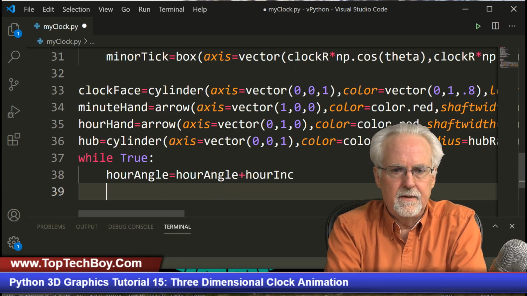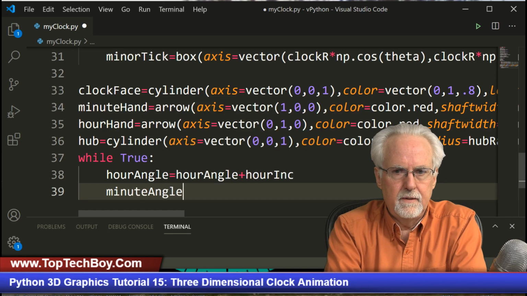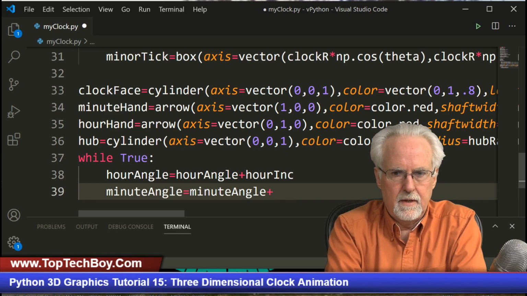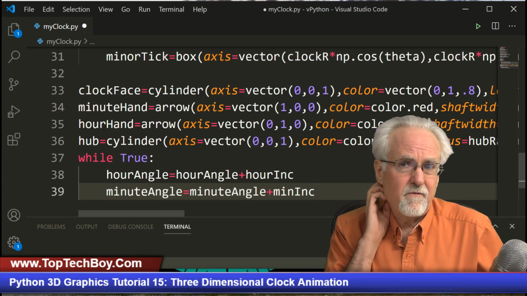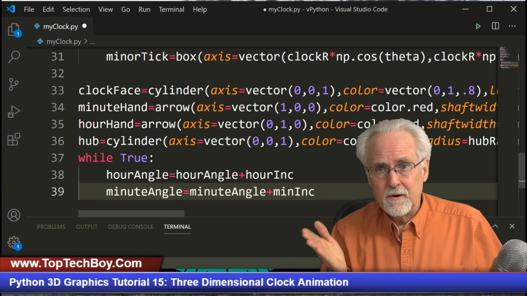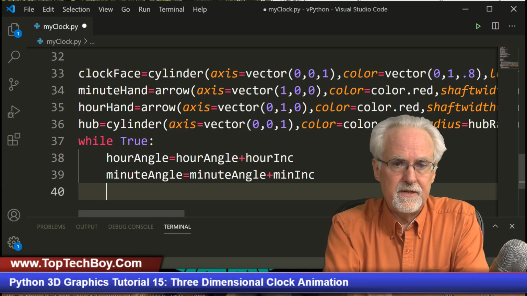And then the minute angle is equal to minute angle plus minute increment, like that. So that's clicking those two things forward, and the minute increment's going to be bigger than the hour increment, so they're not going to be going at the same speed.